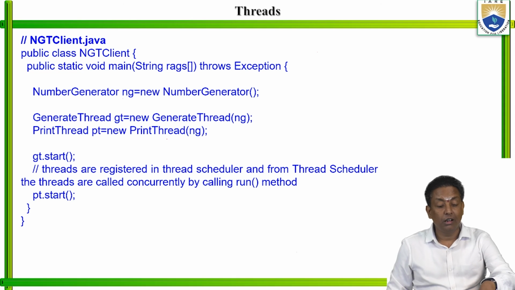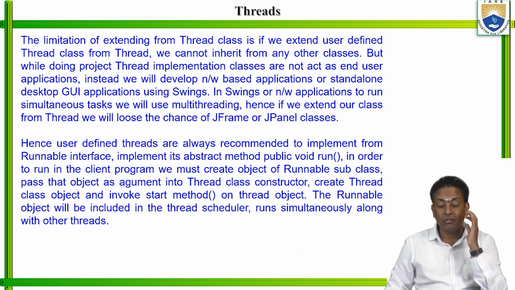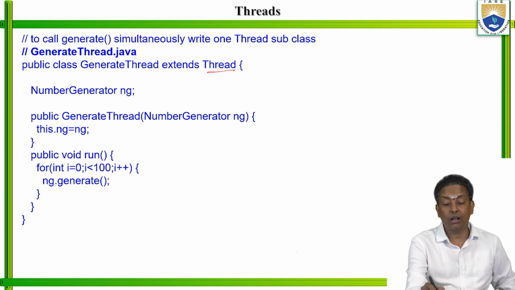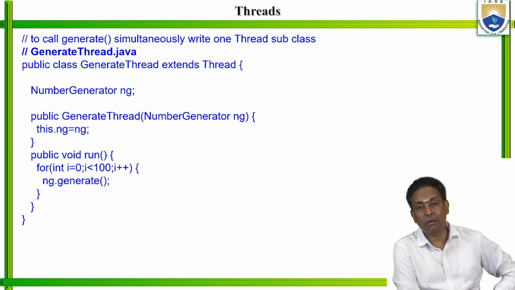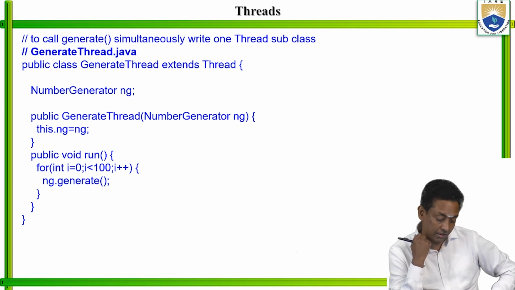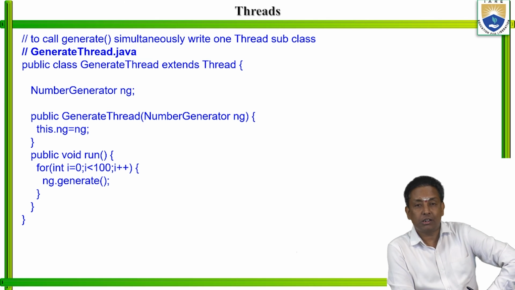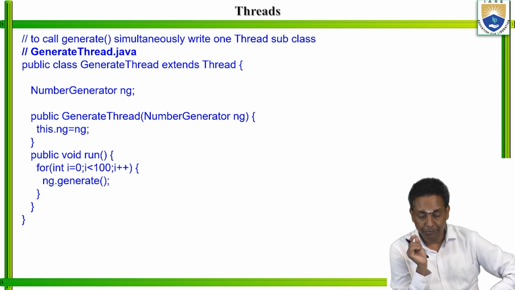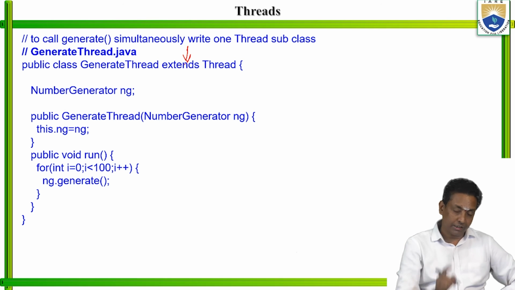So that is about how to implement a thread by extending from the thread class. And this has some limitations. If you extend from the thread class, what limitations do we have? Now, from an object-oriented programmer's perspective, what type of inheritance does Java support? Java supports multi-level inheritance, meaning a class can extend from only one class at a time.